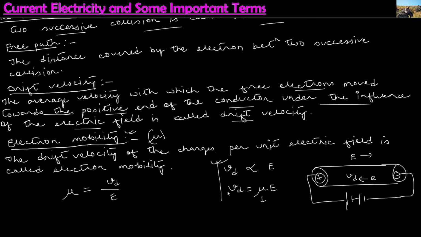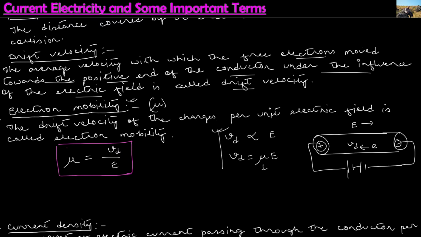So from here, this is the formula for electron mobility, and you also have to know the units of electron mobility. Step by step, the unit of drift velocity is meter per second, and for the electric field, keep in mind that it has the formula of force per unit charge.